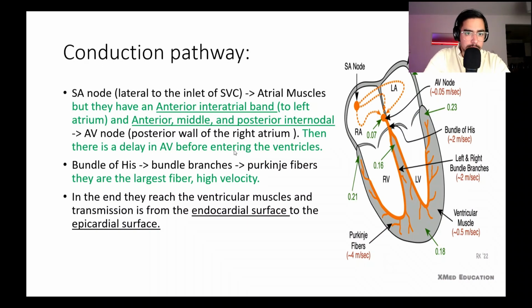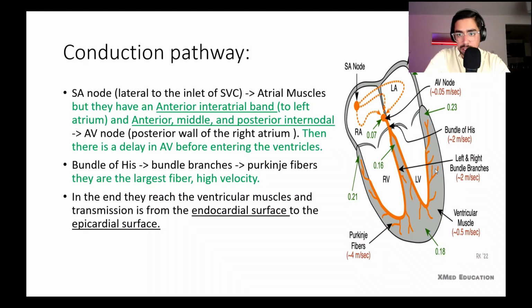So it's important to know them. And we have Purkinje fibers. I already mentioned that Purkinje fibers have the largest fibers among all these fibers, and they definitely have higher velocity compared to others.